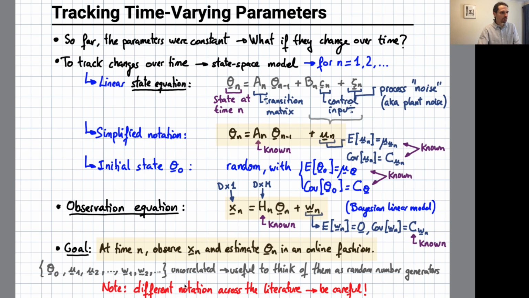If you take two books or papers, you will see that what here is called A, in the other they call P, and what in one is C, in the other it is Q, and things like that. So it is important to be very careful with the notation.